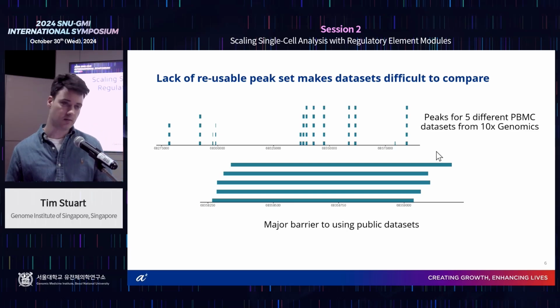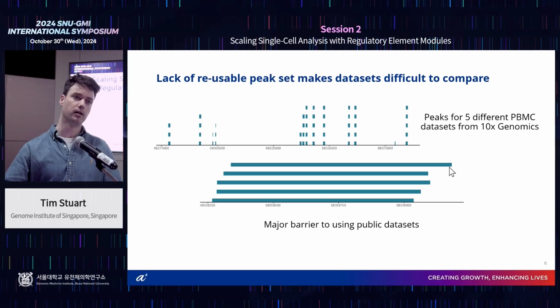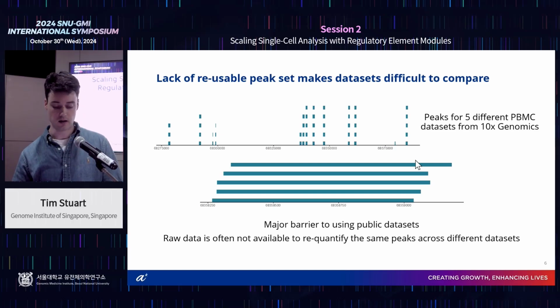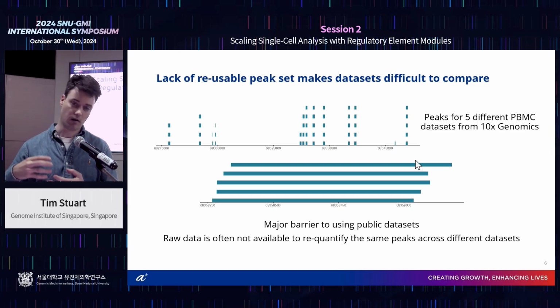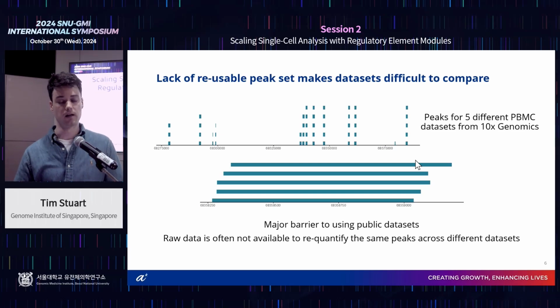So while this seems like a somewhat trivial problem, it can actually be a major barrier to using and reusing public data, because in many cases the raw data that you need to re-quantify these count matrices is not available. Either it's not available or it's behind some restricted access database.